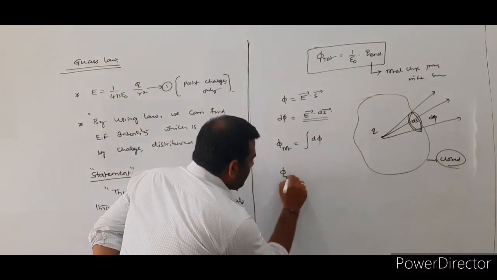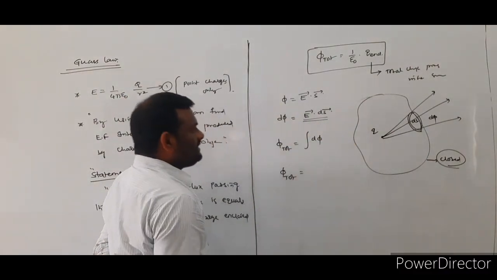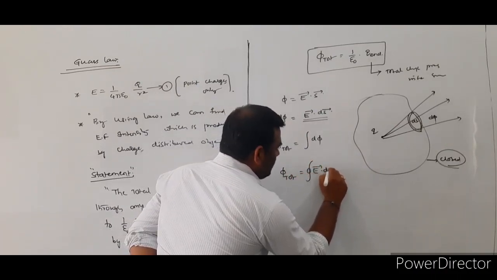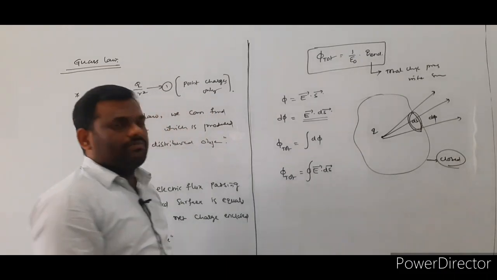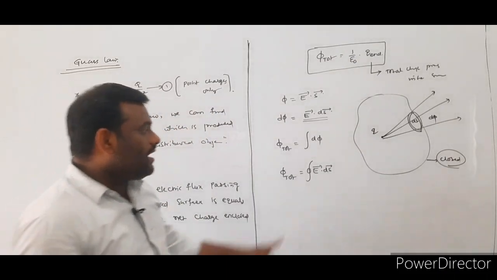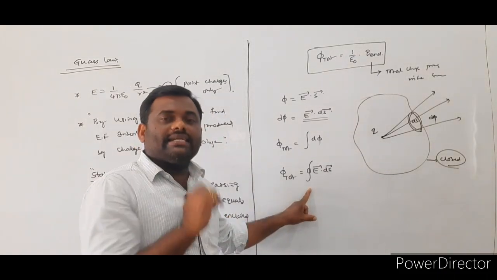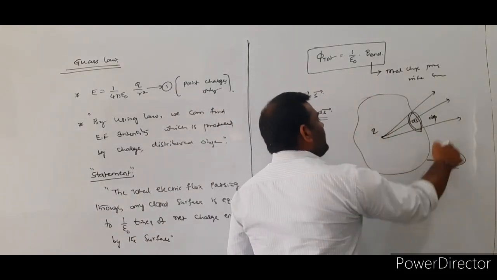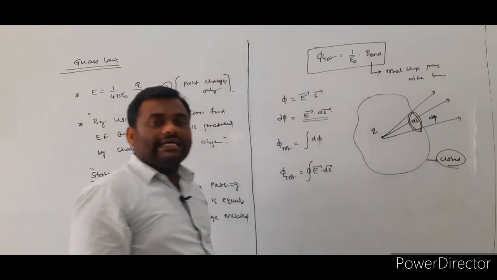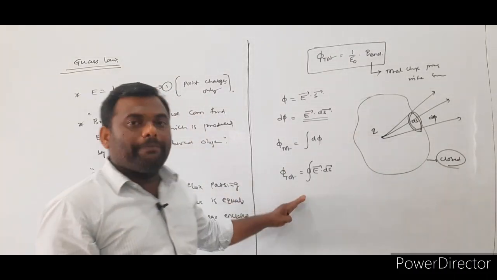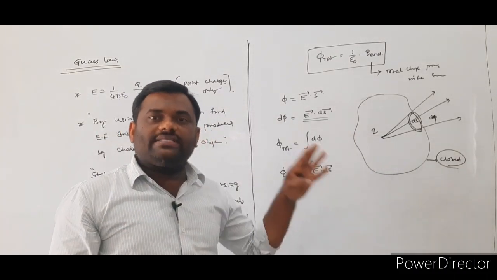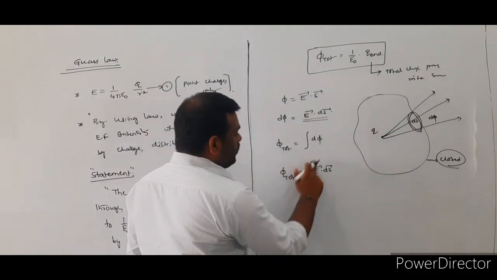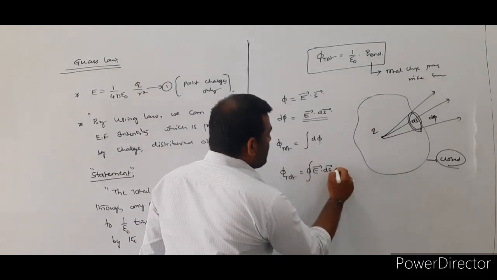Therefore, total flux passing through any closed surface is equal to the surface integral of E bar dot ds bar. Why do we consider the surface integral? Because we have to consider the entire surface area.